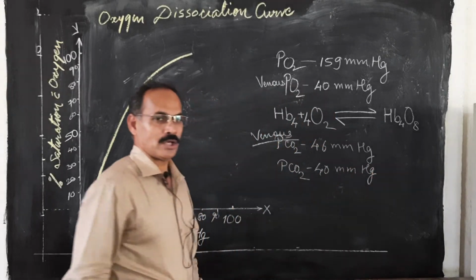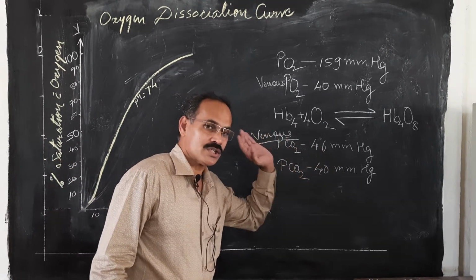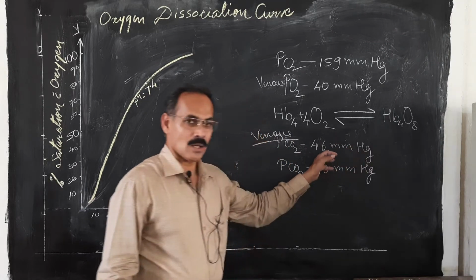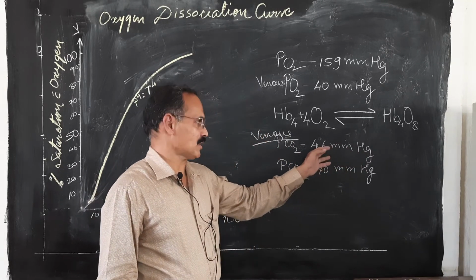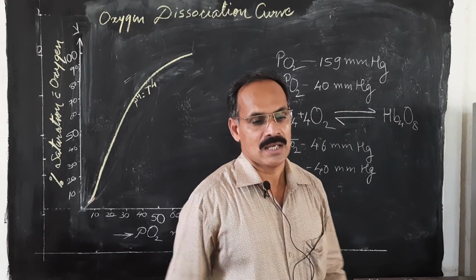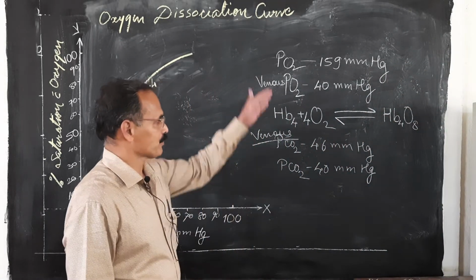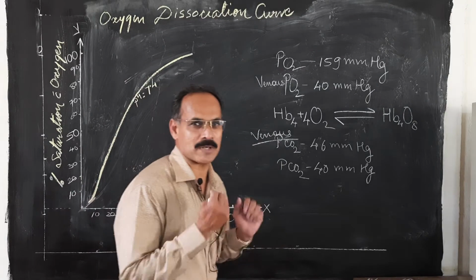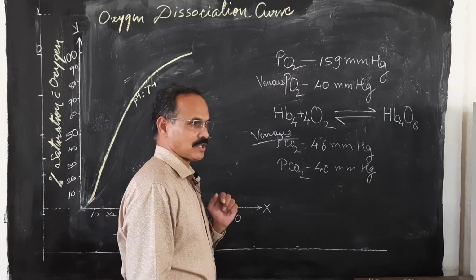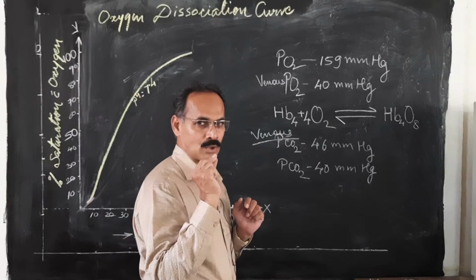Here also, due to the differential gradient, CO2 is liberated, as it has more partial pressure. So it diffuses into the alveolar air, and in this way CO2 is discharged out in expiratory air. So by this way exchange of gases takes place on the surface of alveoli due to the partial pressure difference.